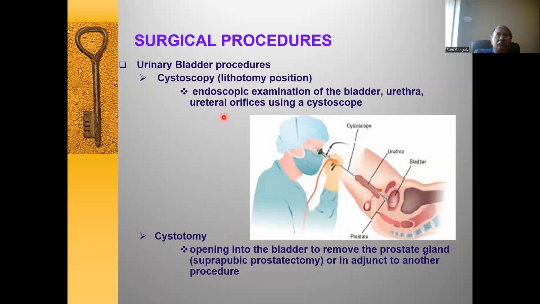Cystoscope, it is an endoscopic examination. Cystotomy is an opening by making an incision using a knife blade. So they do that for prostate surgery, suprapubic prostatectomy, or any other type of prostatectomy that we are going to see later.